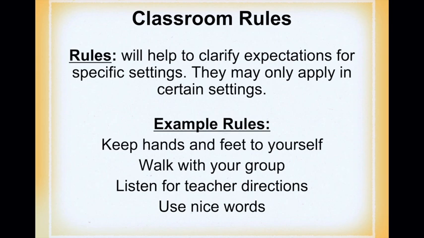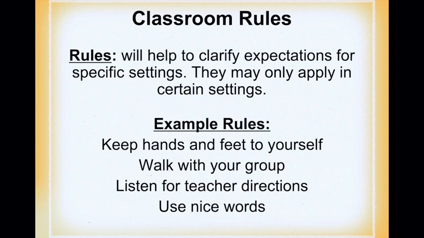Classroom rules are linked to expectations, but they're stated in a way that is understandable by children and then state a behavior that is actually desired, right? So rules clarify the expectations and are often setting specific, right? So sometimes we have playground rules that are possibly different from center rules that might be different from circle time rules.